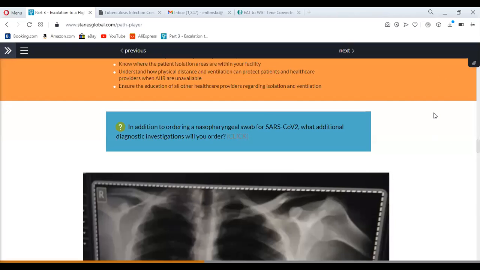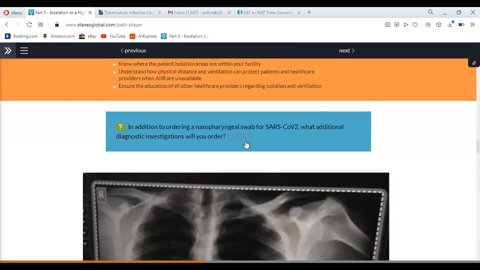Remember, it's a discussion. Chest X-ray, yes. Thank you, Dr. Umar Adamu. Chest X-ray, excellent. So, yes, the full blood count is okay. Chest X-ray. Okay, excellent.